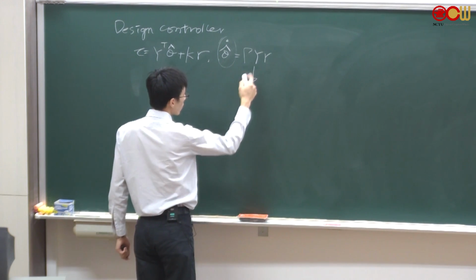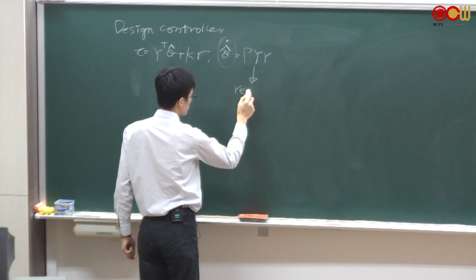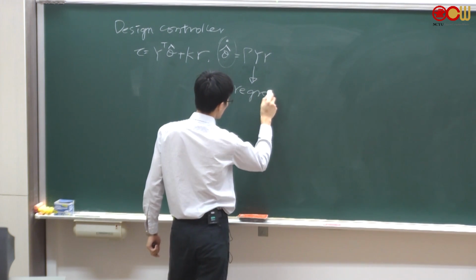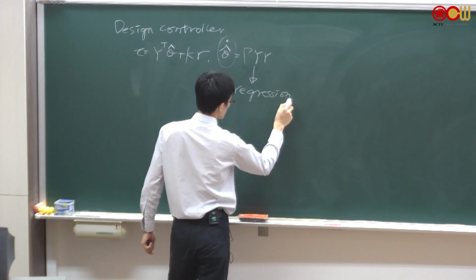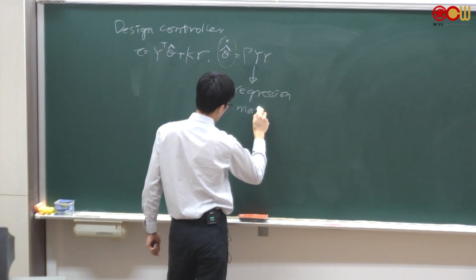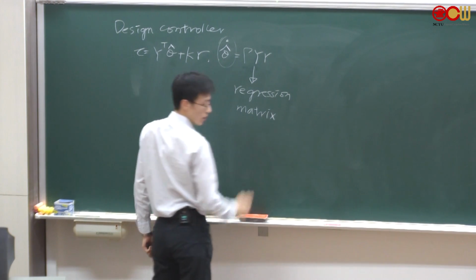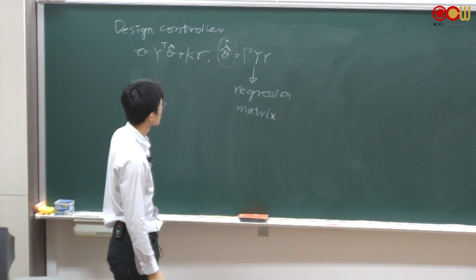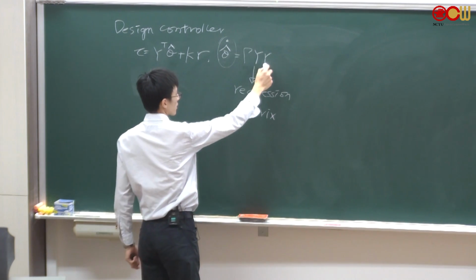We call Y the regression matrix, and R is the filtered tracking error.